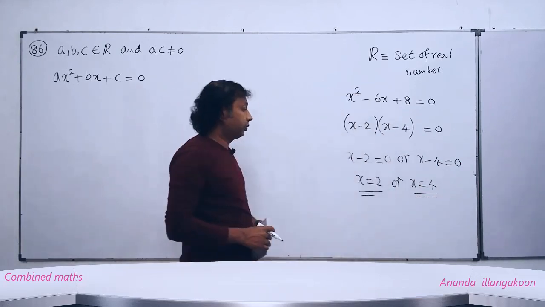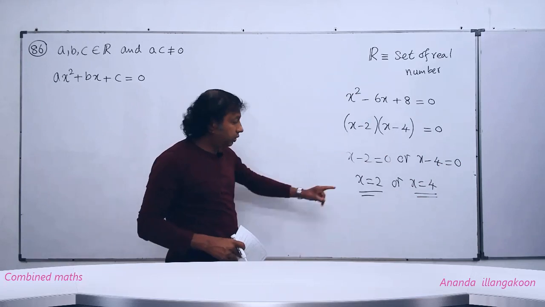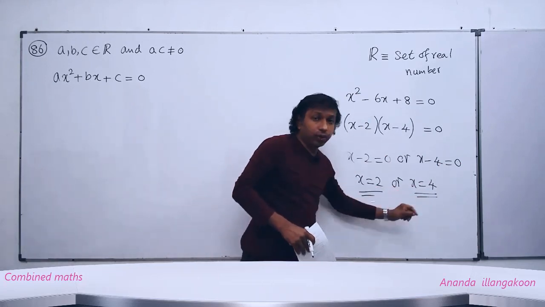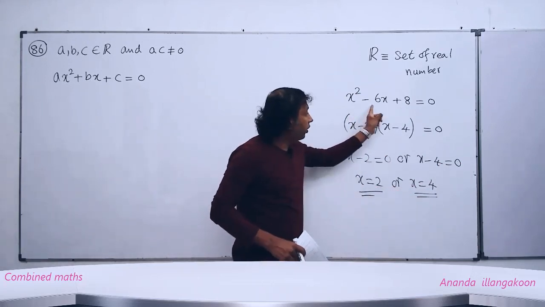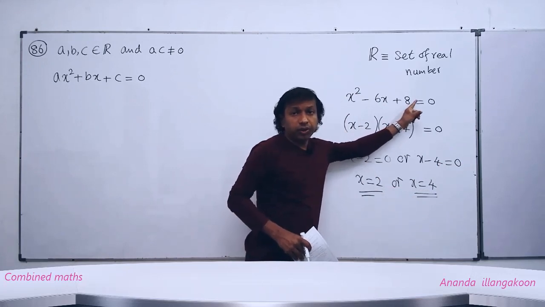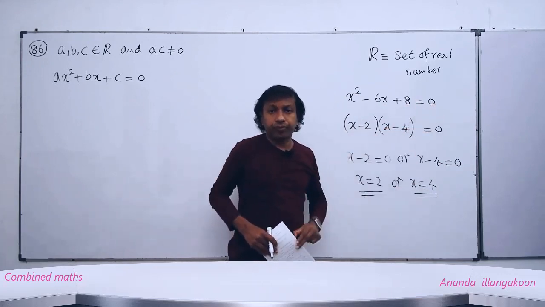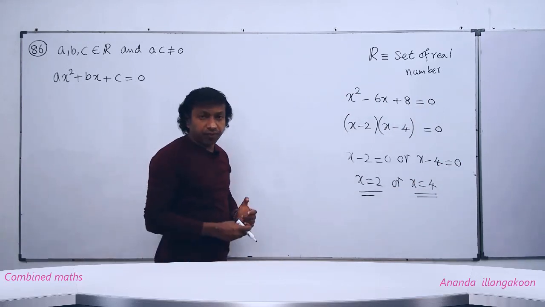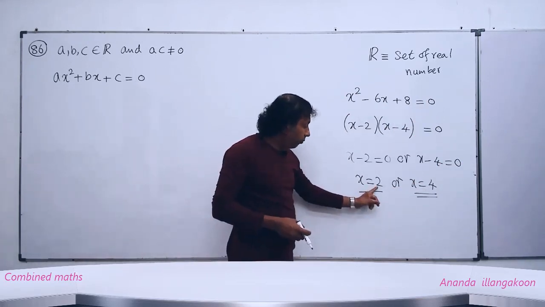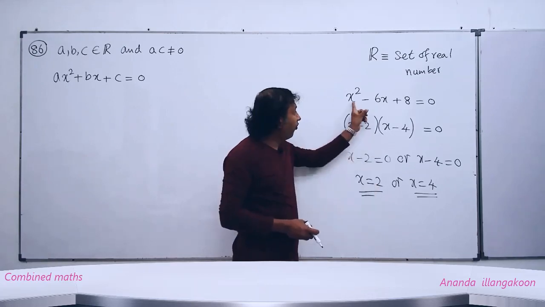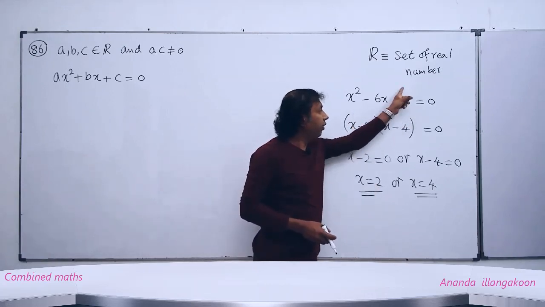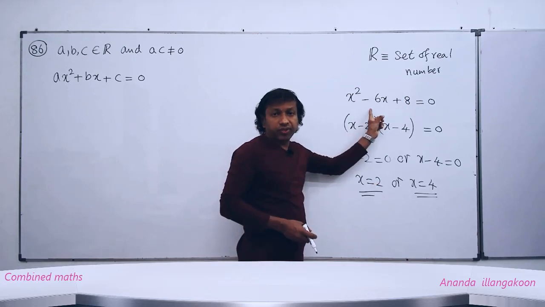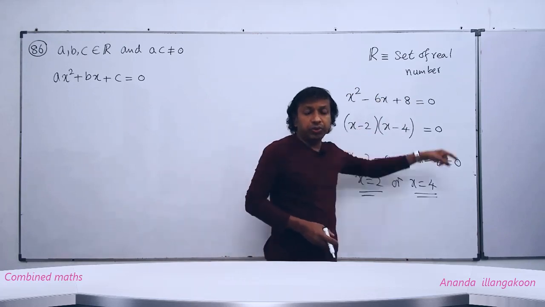So now we found this x value and this x value, so that this left hand side quadratic expression becomes 0. Then conversely, as a backward result, when I put this 2 for every x in this left hand side and simplify, the left hand side should be equal to the right hand side 0.